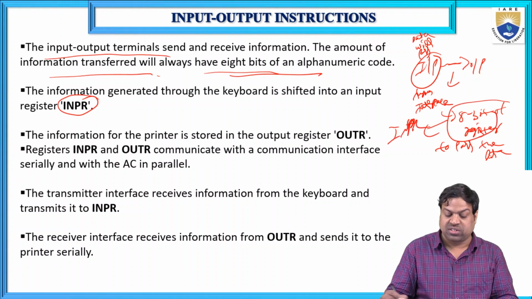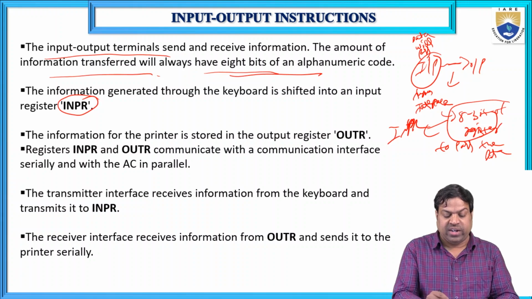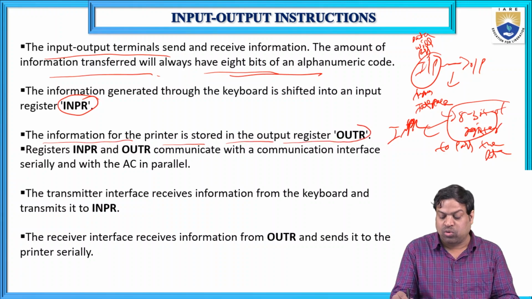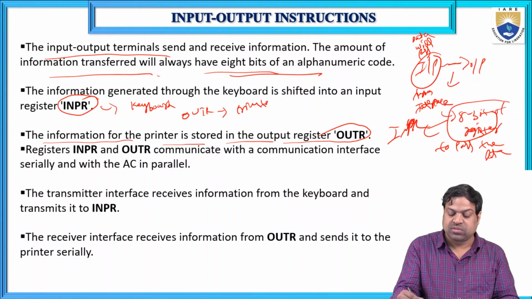INPR, input register. This INPR input register accepts the input of 8 bit data through the interfacing, and the information for the printer is stored at the OUTR output register. So the input register holds the keyboard information and OUTR holds the printer information, the printer data.